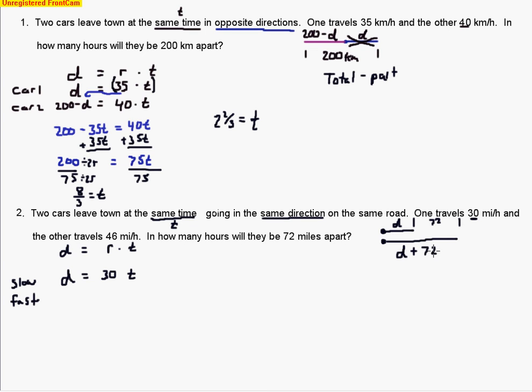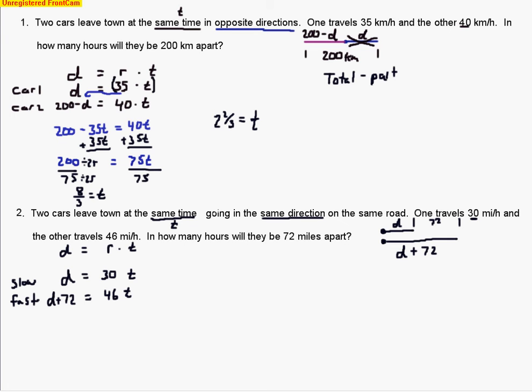So that expression is going to be D plus 72. So that's the difference between an opposite direction and a same direction problem, is the way the expression is set up. Otherwise, it's pretty much the same. It equals the rate, 46, times the time, well, they left at the same time. So we've got our two equations.